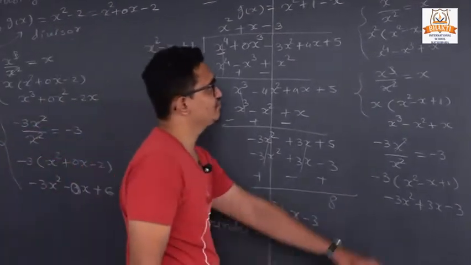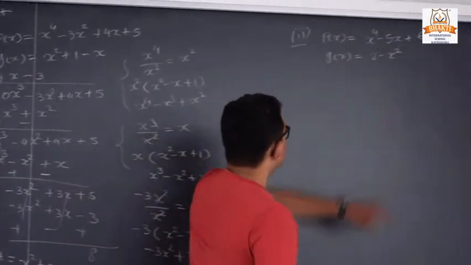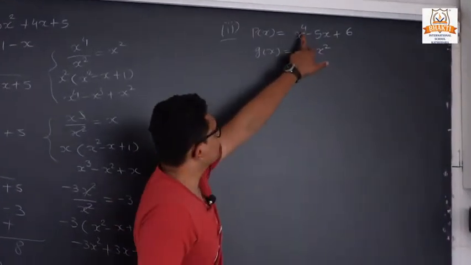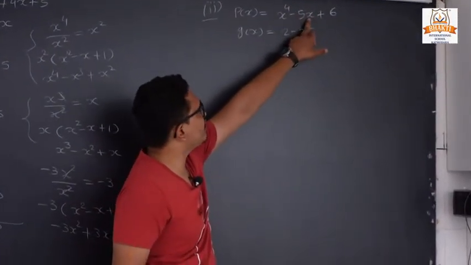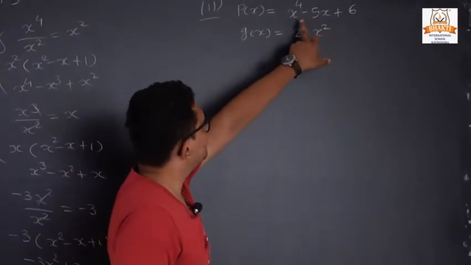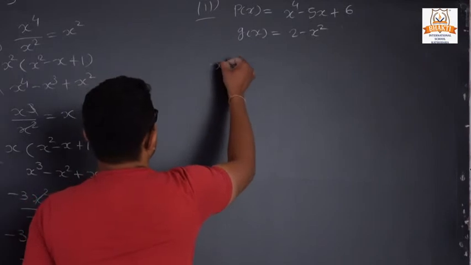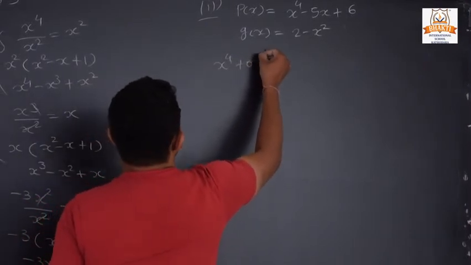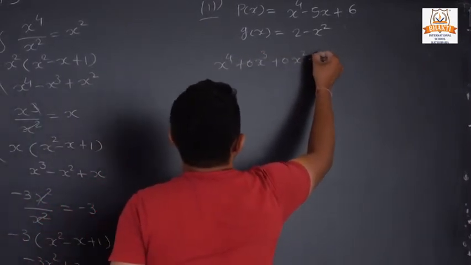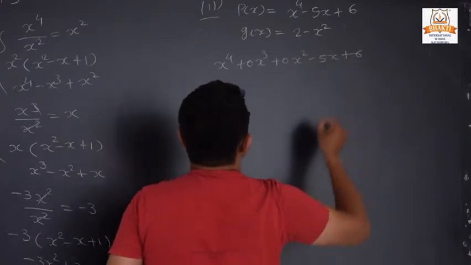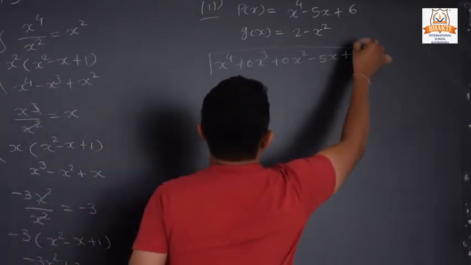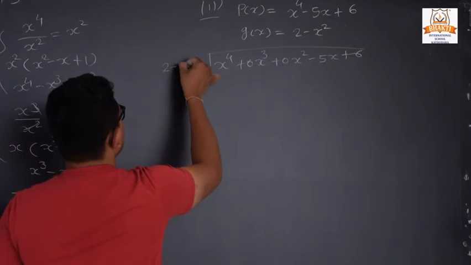Now the last sum. In last sum, x raised to 4, then directly the power of x raised to 1. So here between these two terms are missing. So here we can write like that, x raised to 4 plus 0x cube plus 0x square minus 5x plus 6, and it is divided with 2 minus x square.